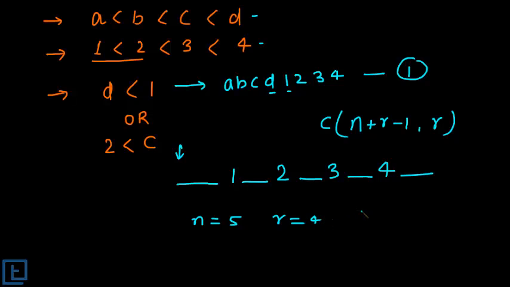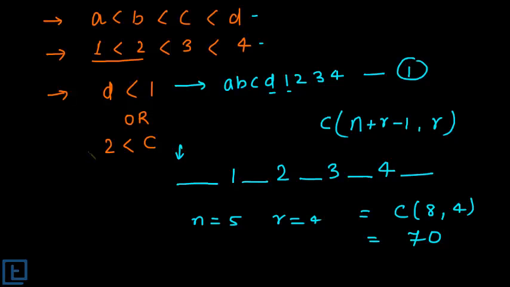Okay, so we have here C(8, 4), which is equal to 70. But in this 70, those cases are also included in which this constraint is not followed.